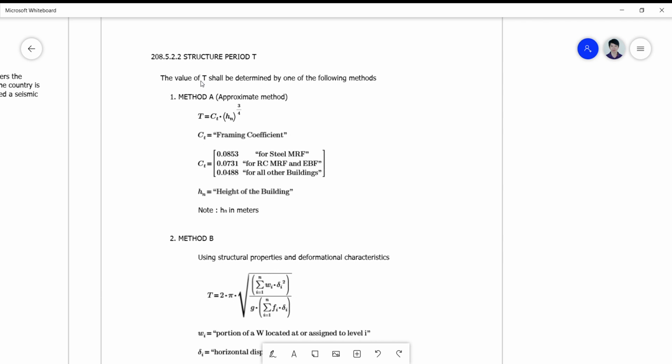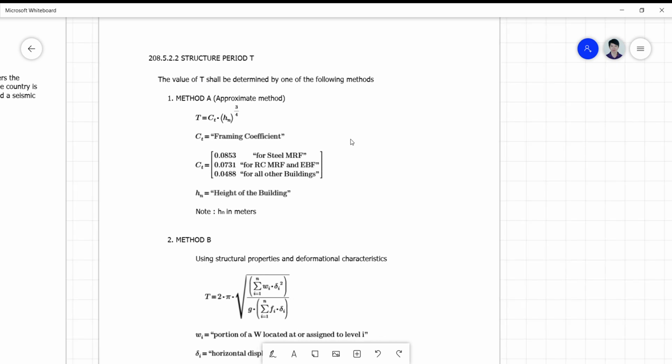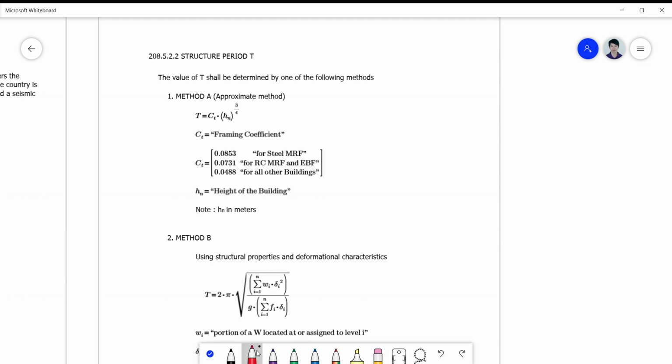Method A is simply defined as a function of your height, wherein T is equal to CT HN to the 3/4. The old formula that was used here is much simpler, wherein your period is 0.1 of your number of stories. So in other, older codes, you can see this formula.